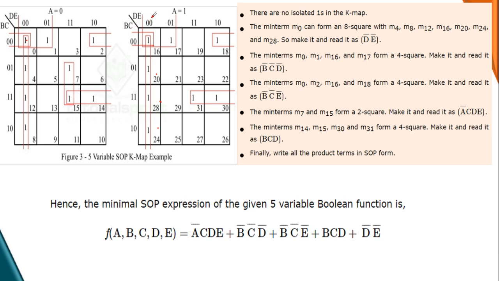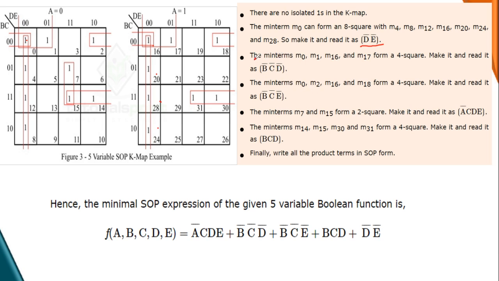Only D and E are common for these 4 minterms along with the 4 minterms on the other layer. Hence the minimal product expression is D bar E bar. Why D bar? Because the D value is 0 and the E value is also 0, so variables in the product term are represented with complement.